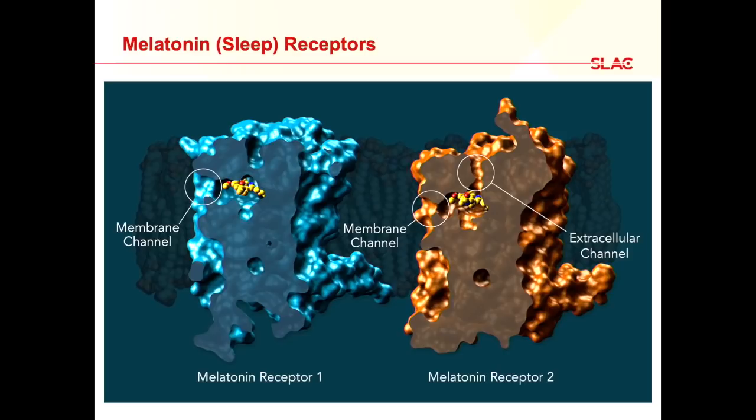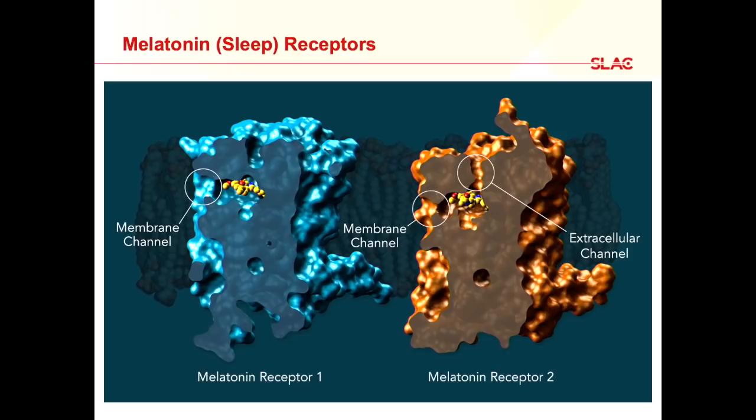And the work allowed us to understand how the melatonin goes in through this channel here in this case, and the second receptor, which has a slightly different function, has a second channel here that is less understood what it does.